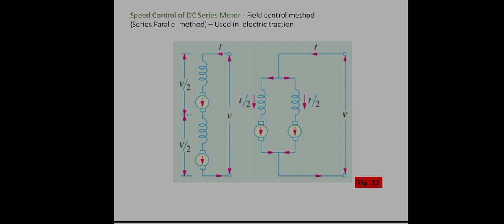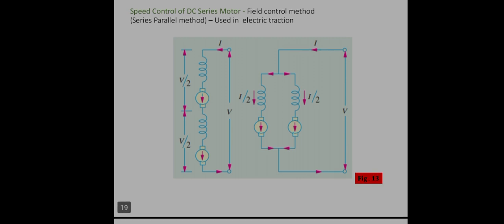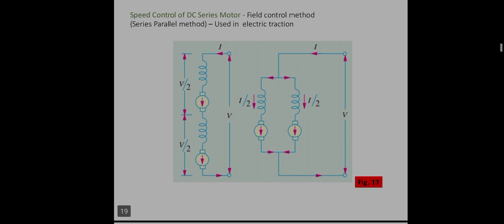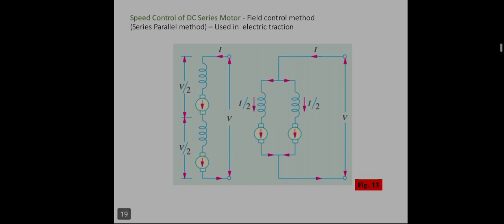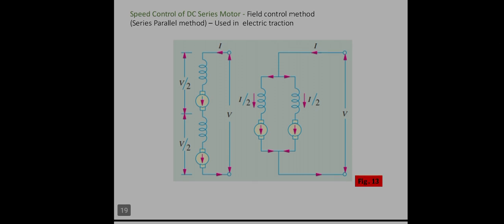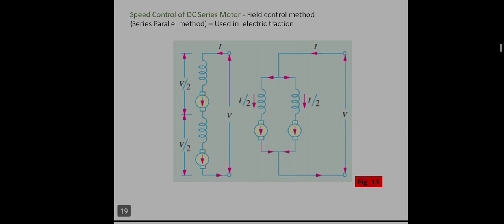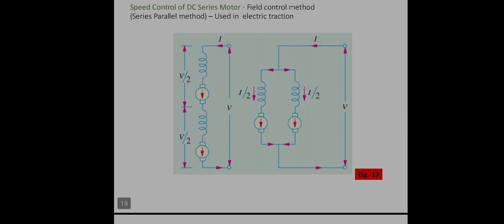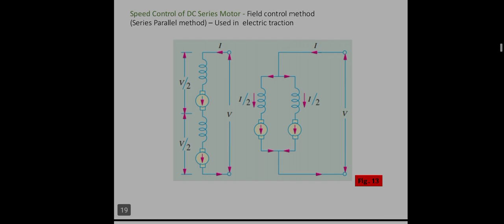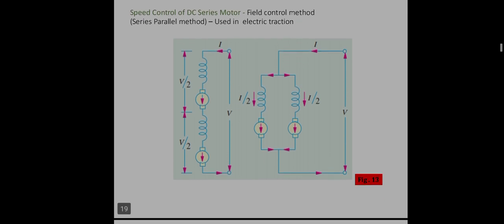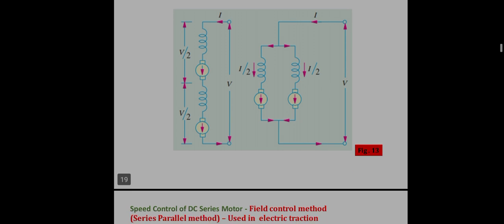So when voltage changes, the speed also changes, since N is proportional to (V minus Ia Ra) by phi. And if it is in parallel, the current is changing in both cases. The series parallel connection of the two motors will make changes in the speed. This type of method is used in electric traction applications.